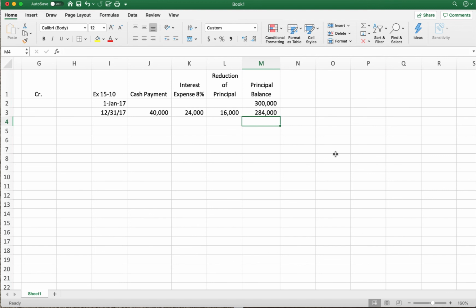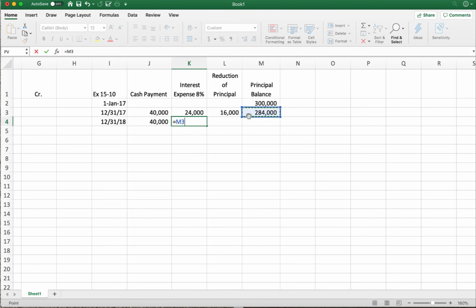Remember, we have to do the first two journal entries. So I need to go out another year, and we'll say 12/31/2018. What's the cash payment? The installment payment's $40,000. It's never going to change. What's the interest expense for just this installment payment? What's the running balance of the principal amount?